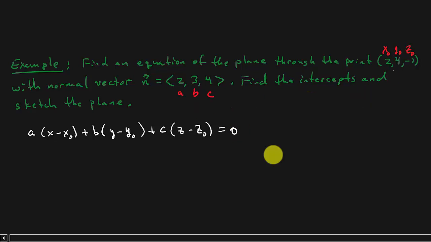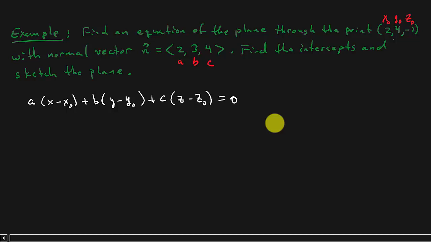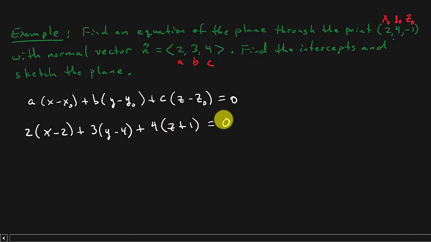So that's going to be 2 times x minus 2 plus 3 times y minus 4 plus 4 times z plus 1 equals 0. Then I distribute: 2x minus 4 plus 3y minus 12 plus 4z plus 4 equals 0.